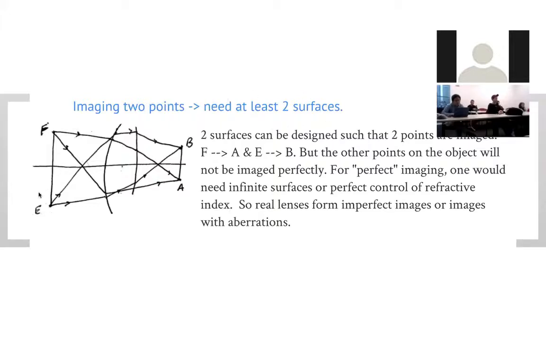So we have 2 points here, E and F of the object, and you have 2 surfaces, 1 surface here, another surface here, and everything outside is air. The inside here, let's say, is glass.